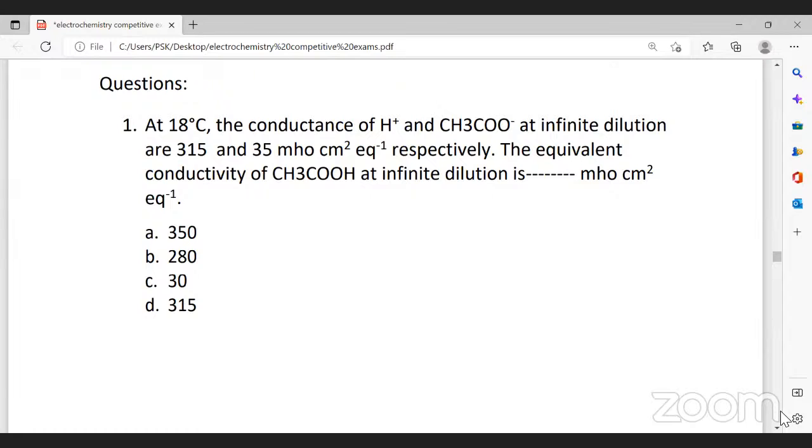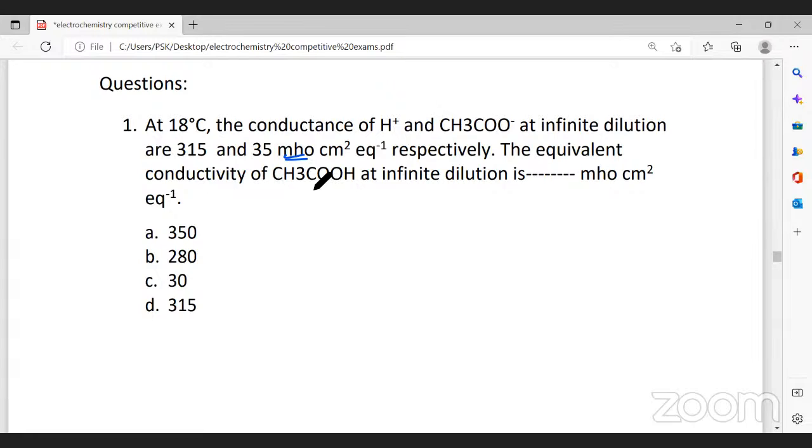At 18 degrees Celsius, the conductances of H plus and CH3COO minus at infinite dilution are 315 and 35 mho centimeter square per equivalent. Mho is nothing but per ohm; ohm is ohm, and the inverse of ohm is called mho.